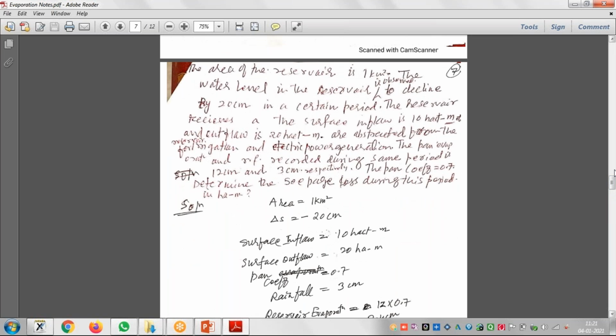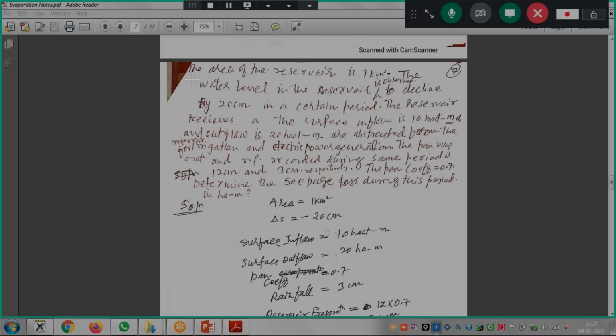There is another problem. We will see this also. All these problems are based on the water budget method and a combination of this.